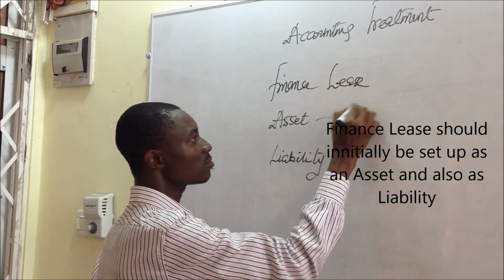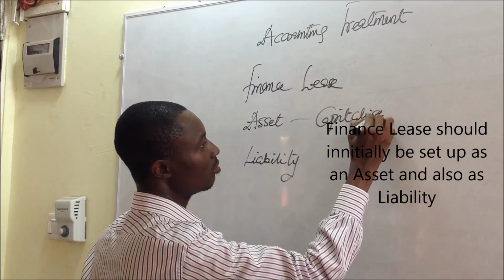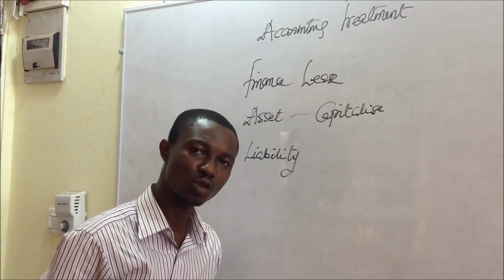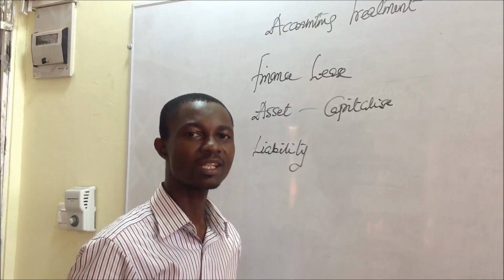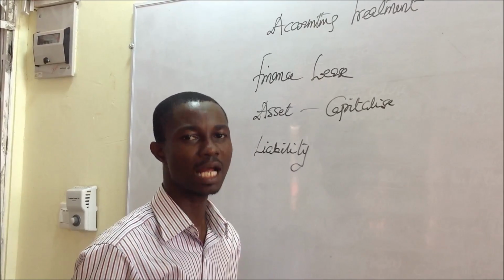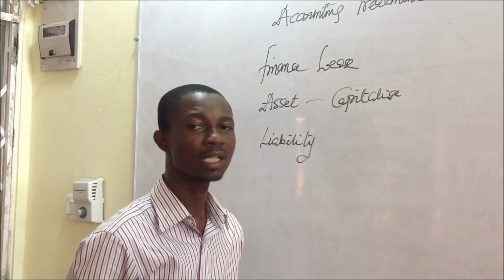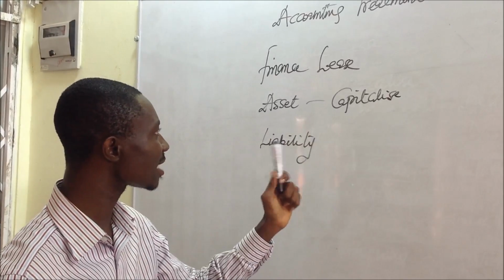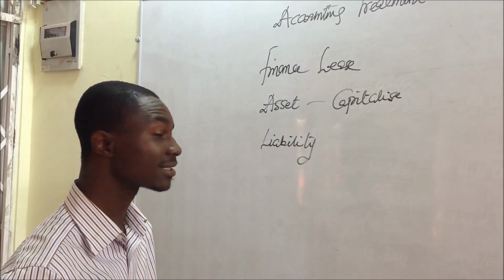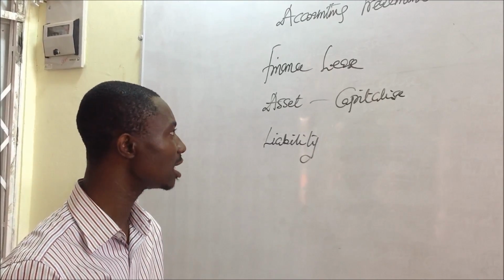What essentially this means is that we are going to capitalize the asset as though it's one of the assets owned by the company. Essentially, we are going to show it as a leasehold asset. So if it is a plant we acquire on a lease basis, then we'll call it leasehold plant. Now we are going to capitalize the assets, and the amount will also be provided as a liability because, of course, we've not paid in full for it yet.